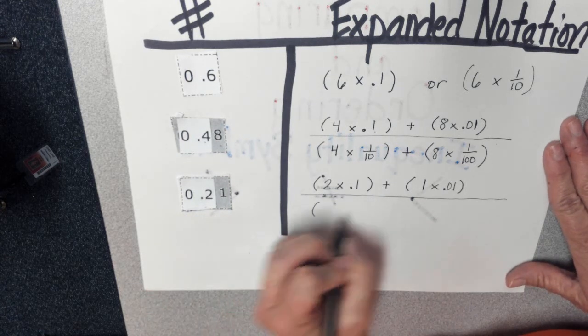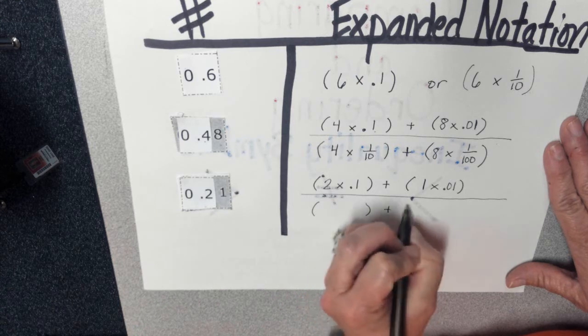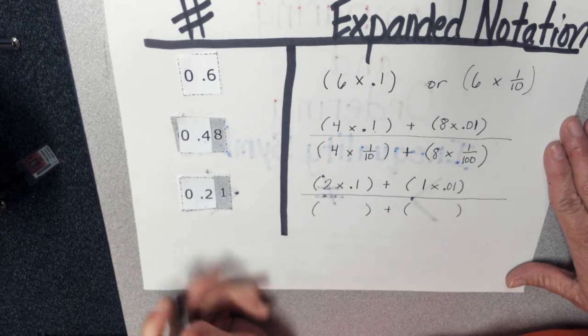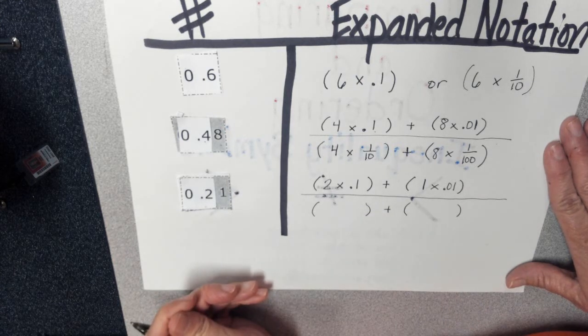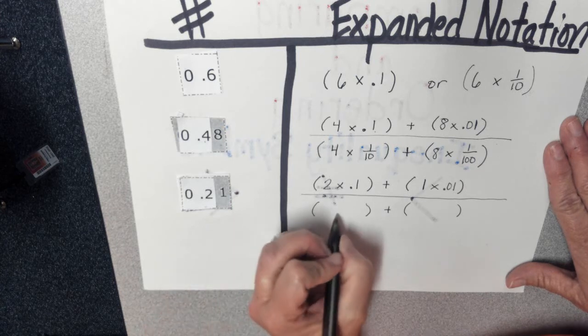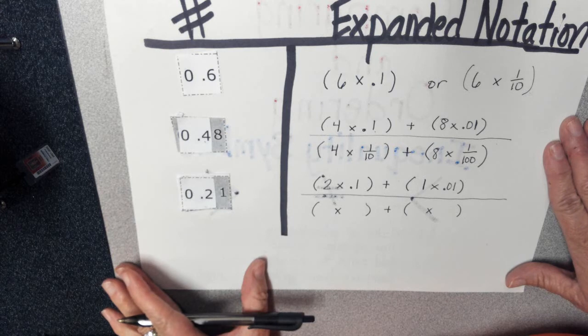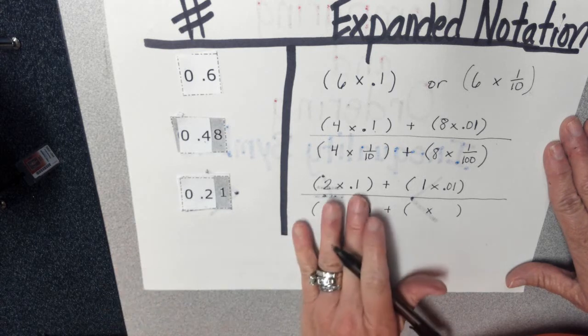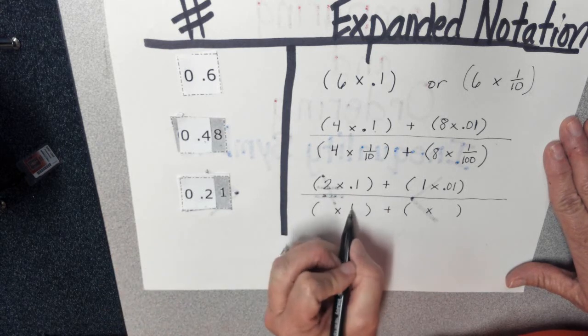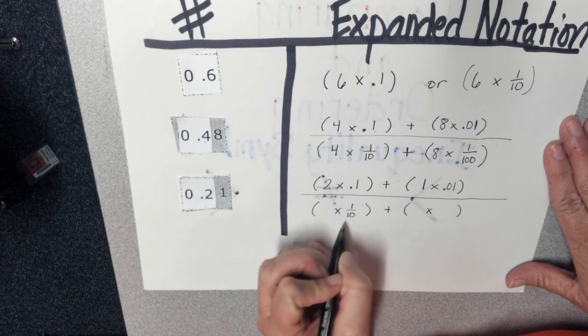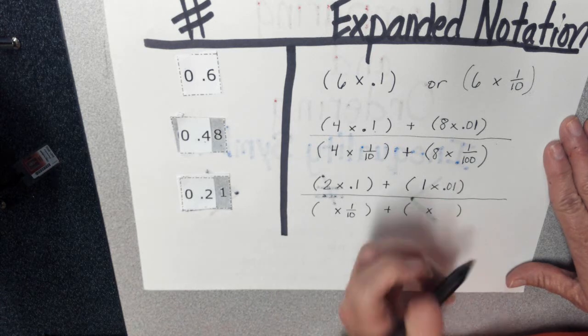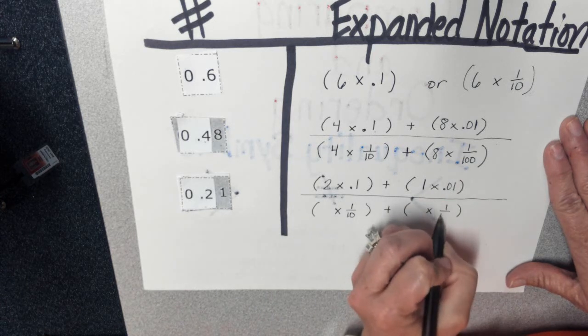So build your 2 parentheses with your addition sign in between. Put your multiplication sign down. Replacing our decimal with the fraction form of 1/10. Replacing our decimal form of 1/100th with the fraction form of 1/100th.